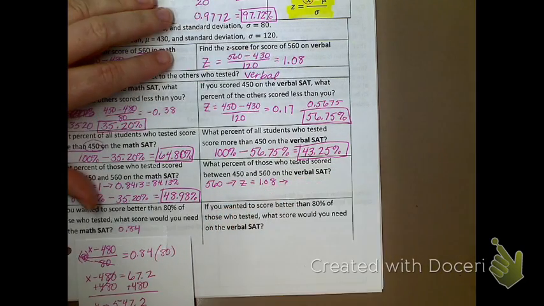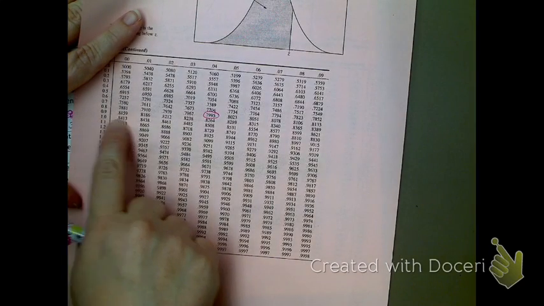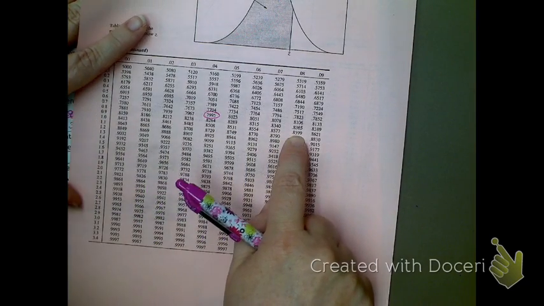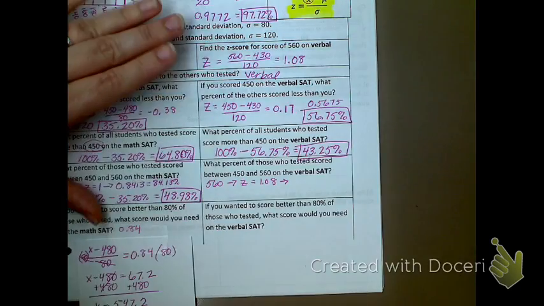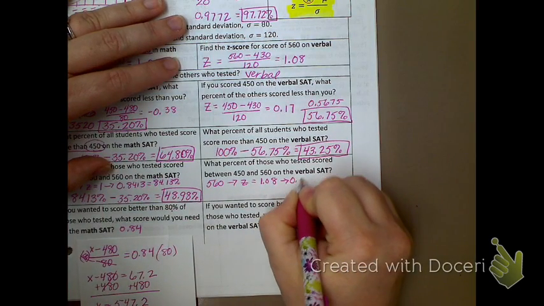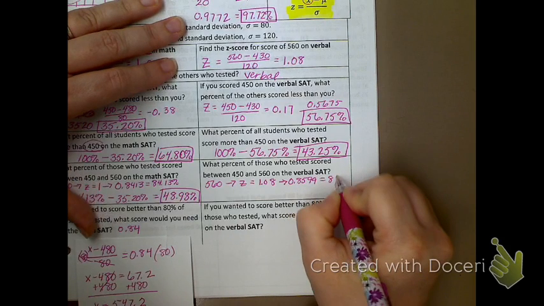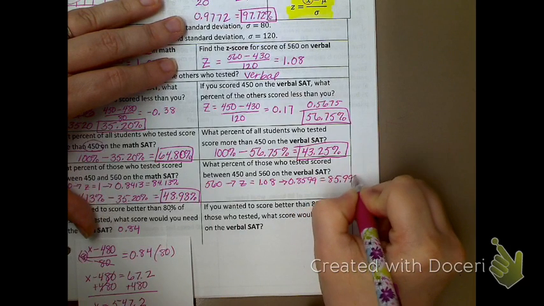So going to my Z-score table, 1.08 is 0.8599, which is 85.99%.